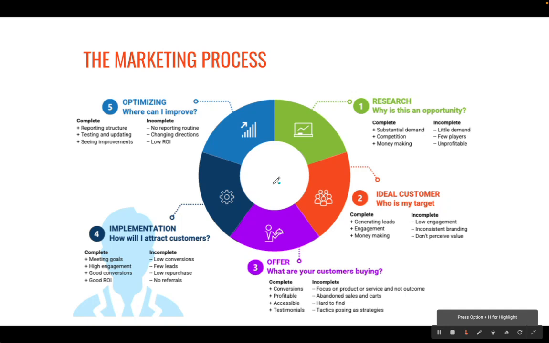So you want to be in a place where there is conversation going on, where there is demand. If you are doing your research and you find out that there's not a lot of people having a conversation about your topic, there's not a lot of people selling what you're selling, this is not a good sign. You need to be in a pond that is full of fish.